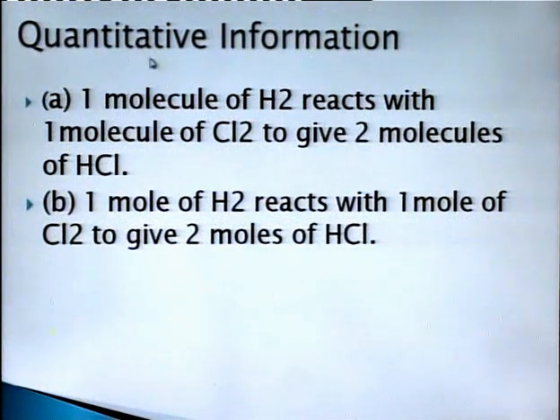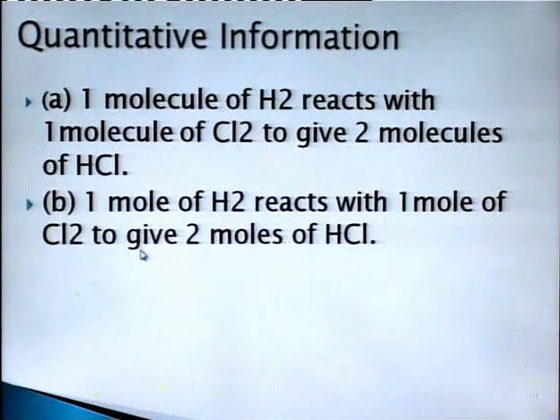Quantitative information means it tells us about the quantity, that one molecule of H2 reacts with one molecule of chlorine to give two molecules of HCl, meaning it gives information about the number of molecules. Secondly, it tells us that 1 mole of H2 reacts with 1 mole of Cl2 to give 2 moles of HCl.